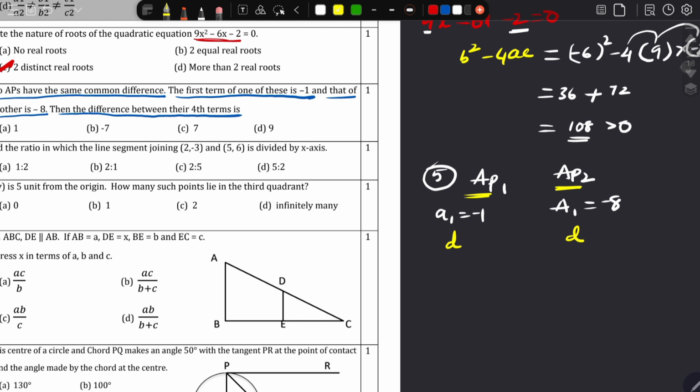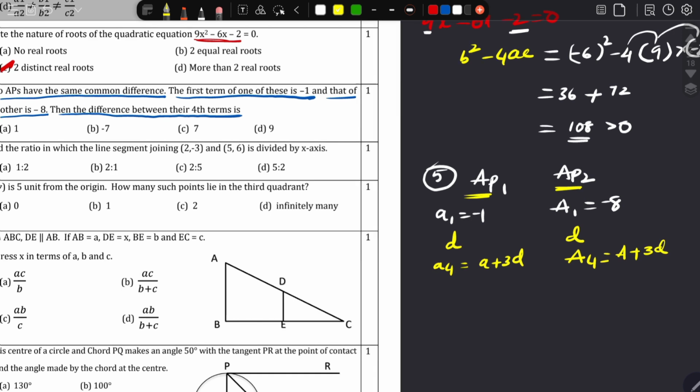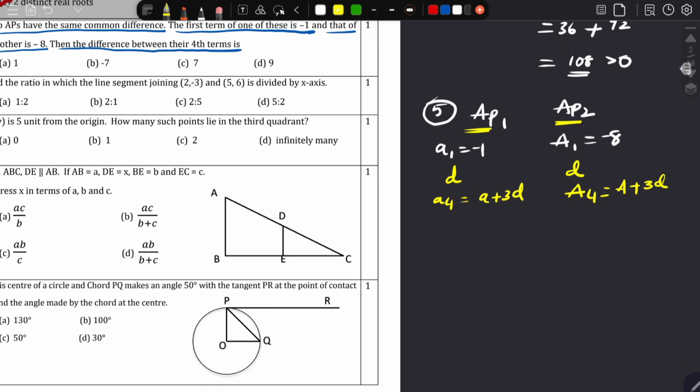Now, what is the difference between the fourth terms? Write the fourth term: a4 is equal to a plus 3d. In the other, capital A4 is equal to capital A plus 3d, where d is common. Now we need the difference between them. So the difference is a4 minus capital A4, replacing the first term with minus 1: a plus 3d minus capital A plus 3d.